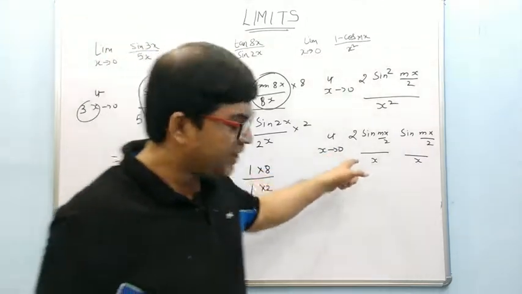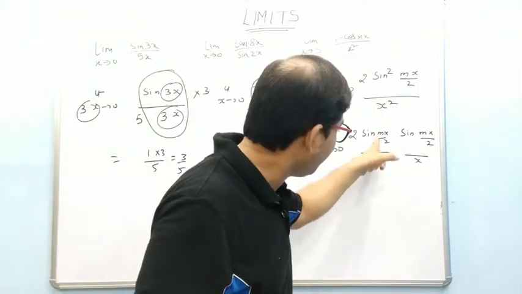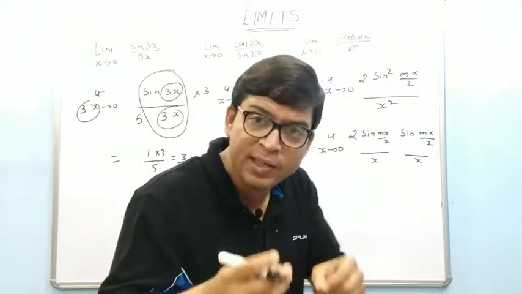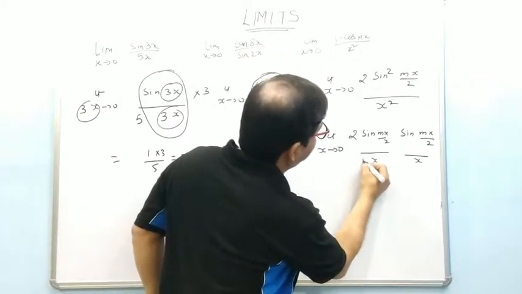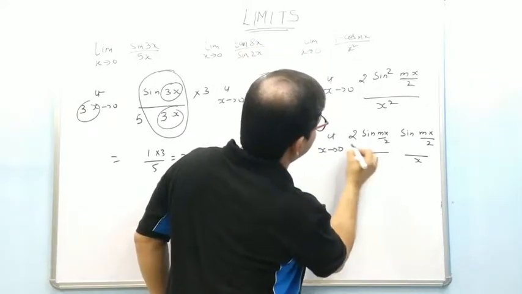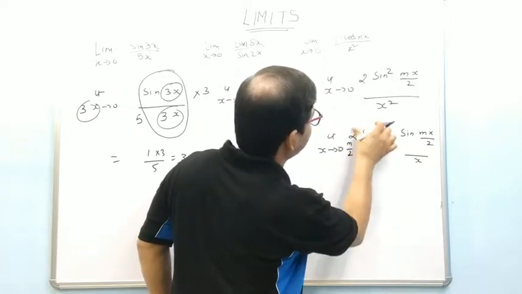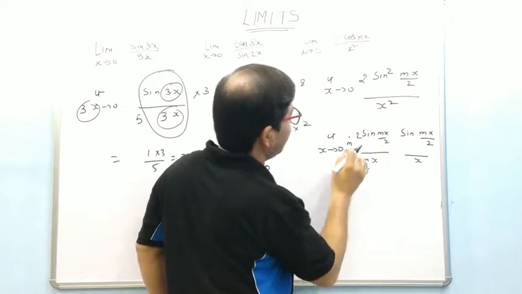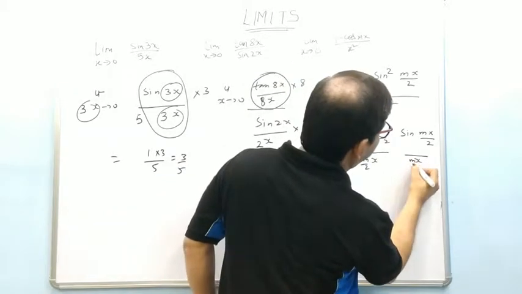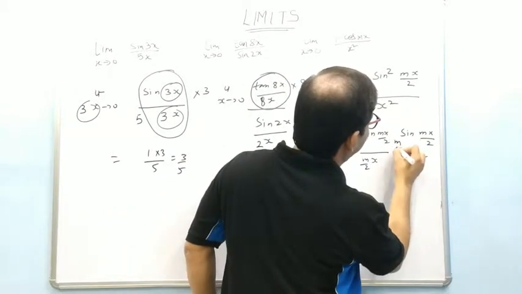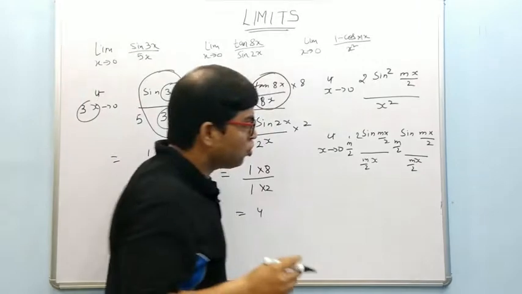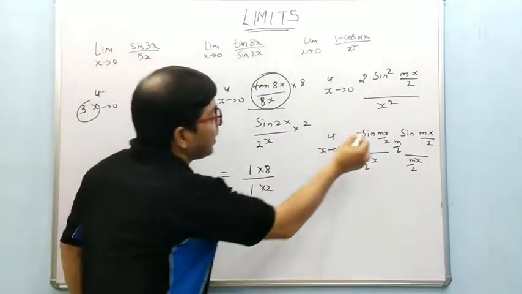Now what extra does this x need? Because whatever thing is there in the sin, the same thing should be in the denominator. So m by 2 I supply here, and to balance it out, I write m by 2 in the numerator. And here also m by 2, and to balance it out, I write m by 2 here. So what is happening?